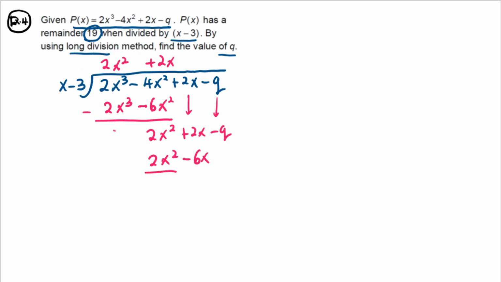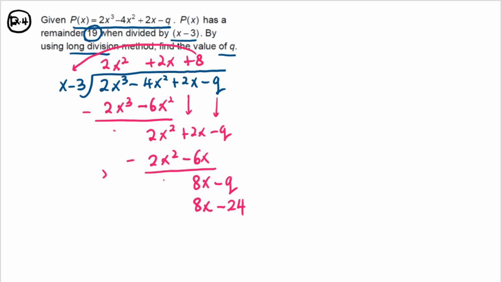Right now, this one becomes 0, so 2 minus a negative 6 will have a positive 8x minus q. Now I have to divide 8x with x, so I have a positive 8. Therefore, I want to multiply back. A positive 8 multiplied with x becomes 8x, and 8 multiplied with a negative 3 gives minus 24.